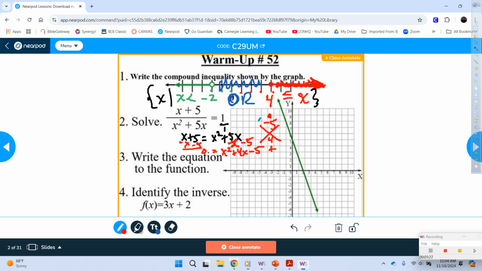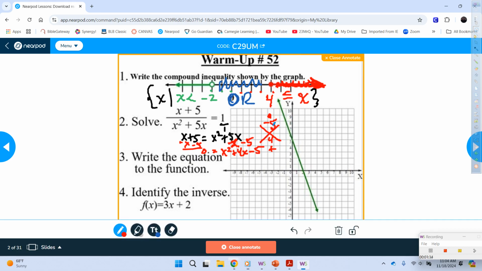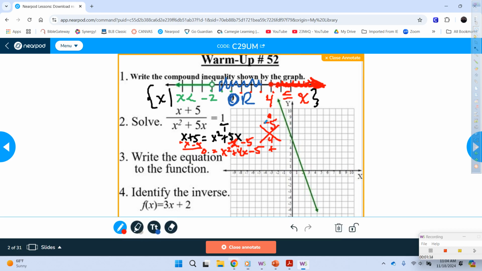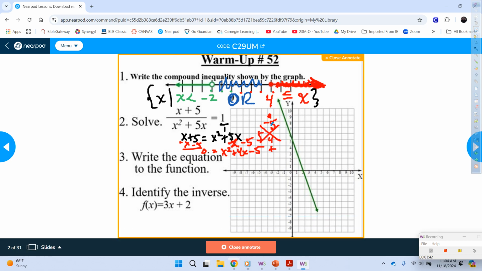Pass someone, Mario. Sammy, what two numbers multiply give us negative 5 that when you add them give us positive 4? 5 and negative 1, so my factors are x plus 5, x minus 1. Thank you, sir.